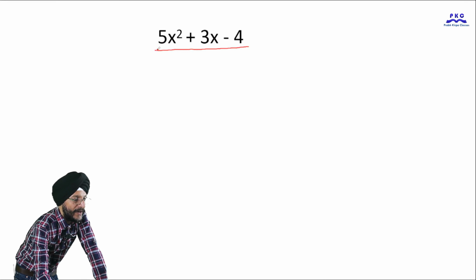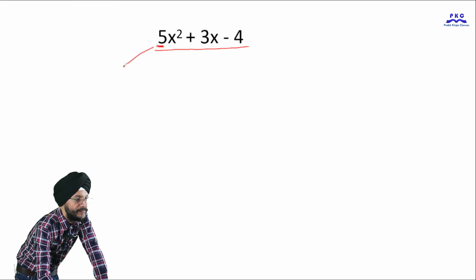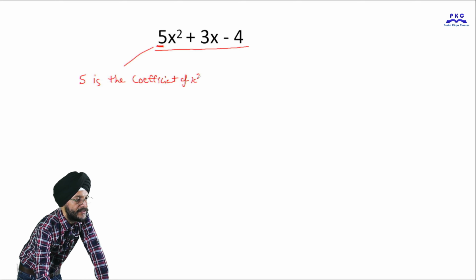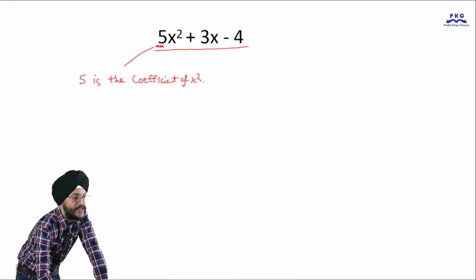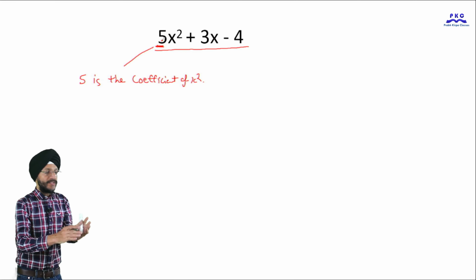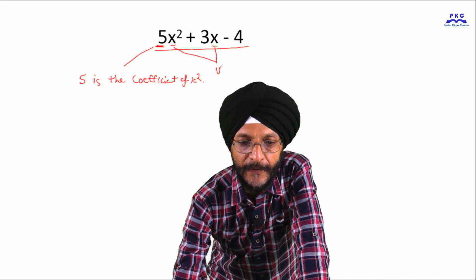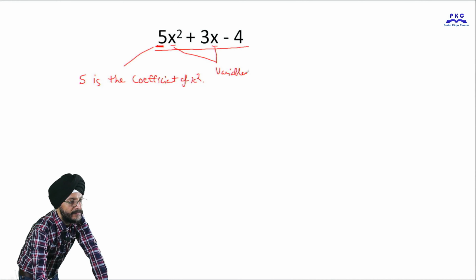In this polynomial, 5 is the coefficient of x square, because 5 is attached to the variable x. Here, this x and this x are the variables.